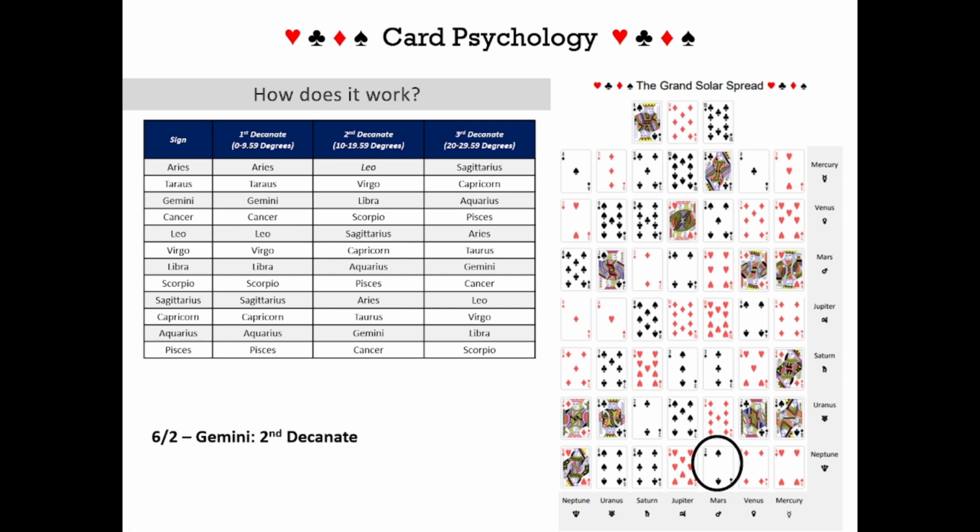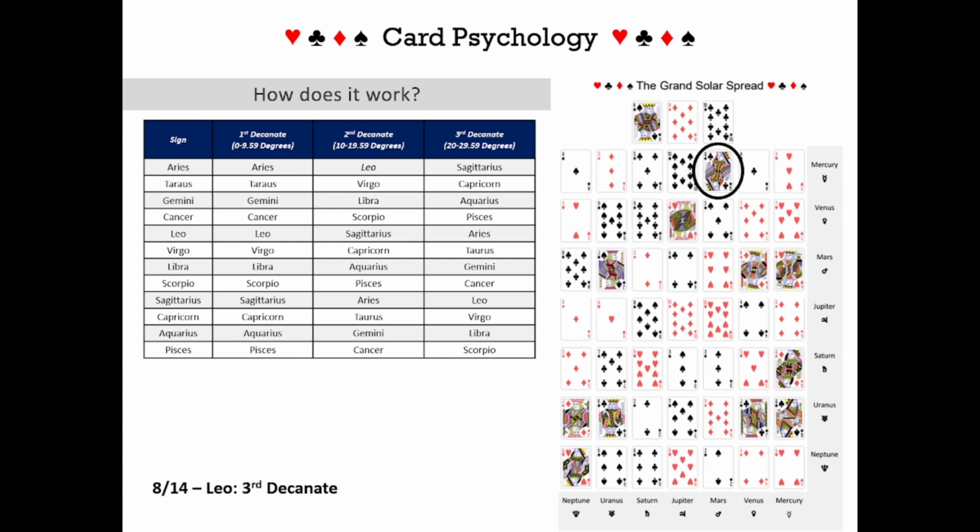And my Venus card is Mercury, Venus. All right, Mercury, Venus. Okay, so that is my decanate ruler card. It's helped to explain a lot of relationships, a lot of dynamics. Let's do another example.